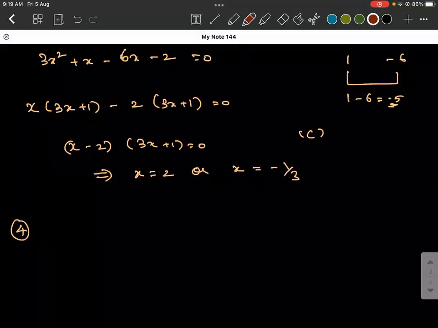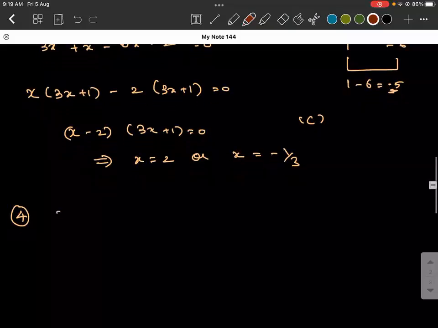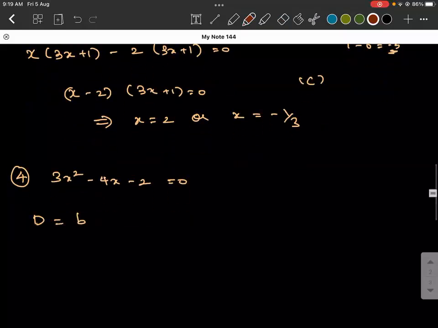Fourth one. The discriminant of the quadratic equation 3x square minus 4x minus 2 is equal to 0 is. So 3x square minus 4x minus 2 is equal to 0. So what is the discriminant? Discriminant is b square minus 4ac.